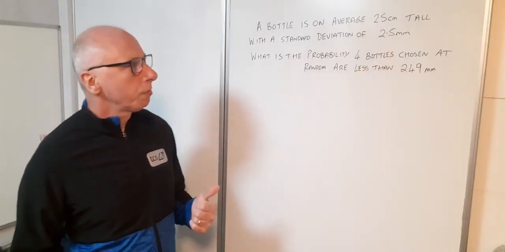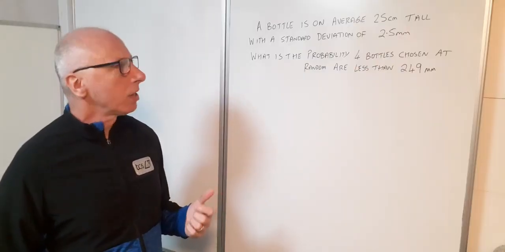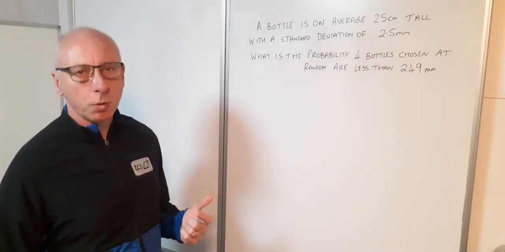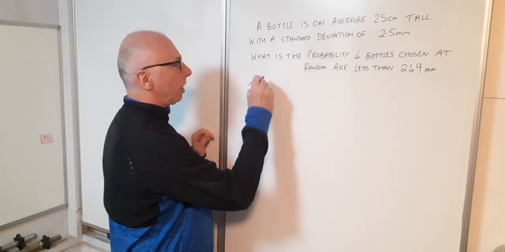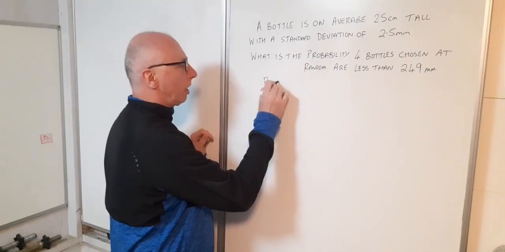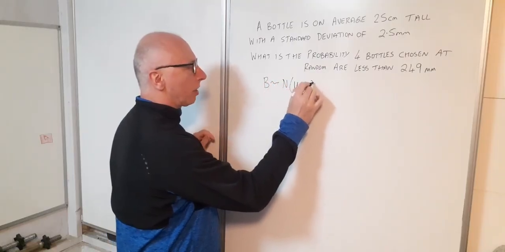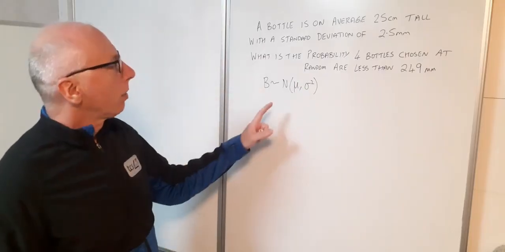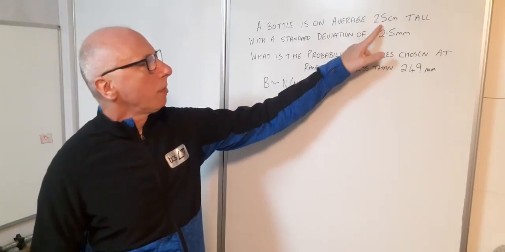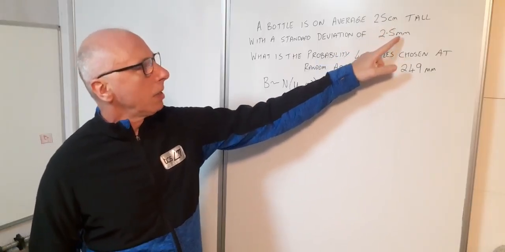So we can assume that these bottles, the various measurements of this taken from a large sample, follow a normal distribution. So the normal distribution, if we call these B for bottles, B is normally distributed with mu and variance. So mu and sigma squared, mean and variance. So in this case here, we'll have our mean of 25 centimetres, but the standard deviation is in millimetres.